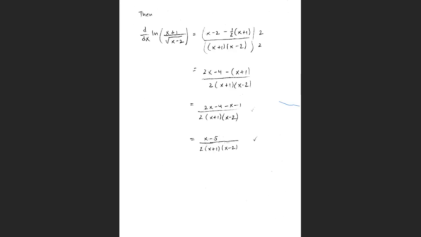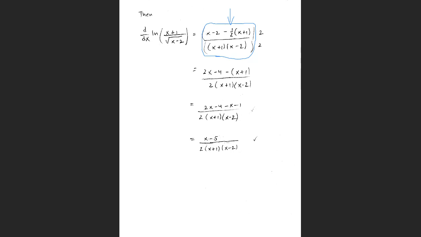So here's what we had before. The derivative of the log of x plus 1 over the square root of x minus 2 was equal to this expression here, in the blue box. And I'm going to multiply by 2 on the top and the bottom, just so I can remove the half.